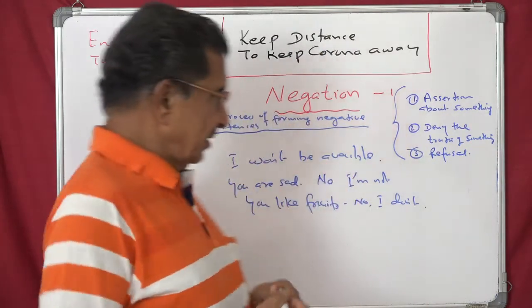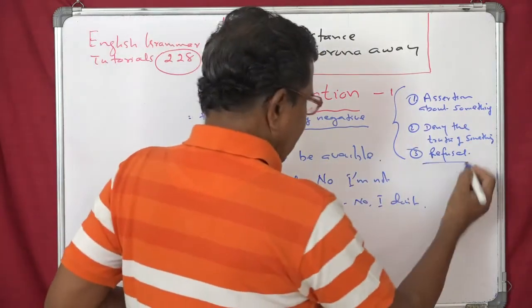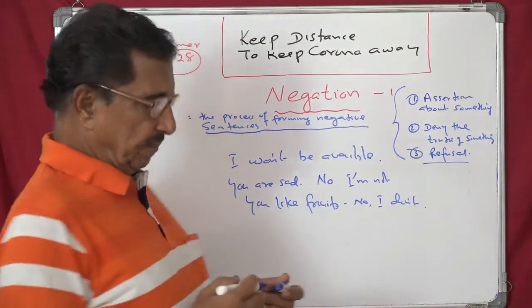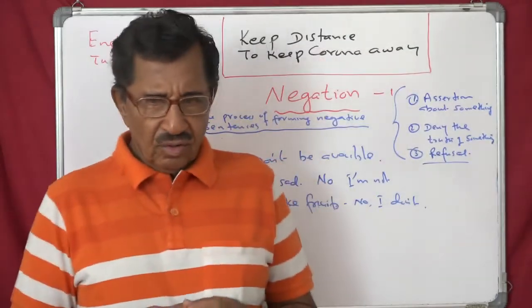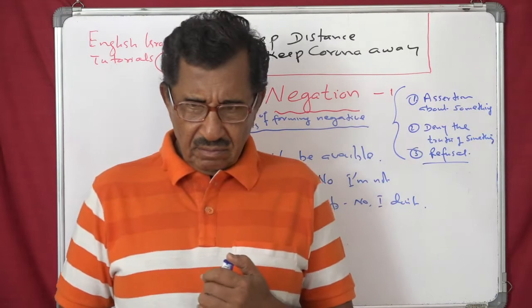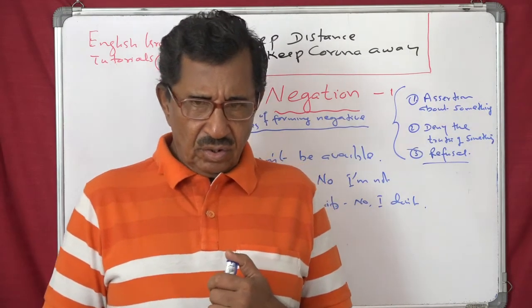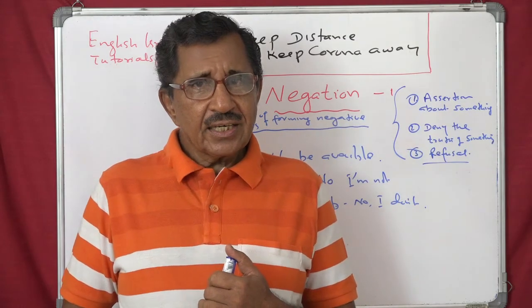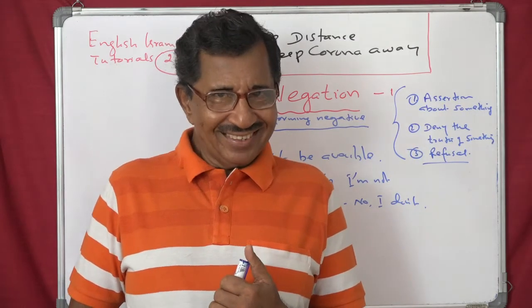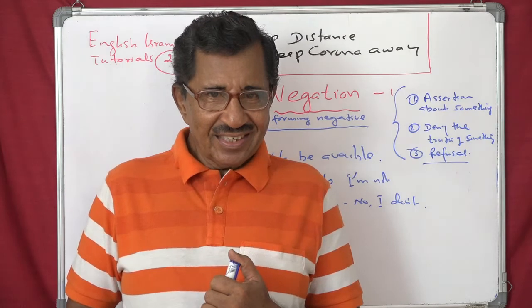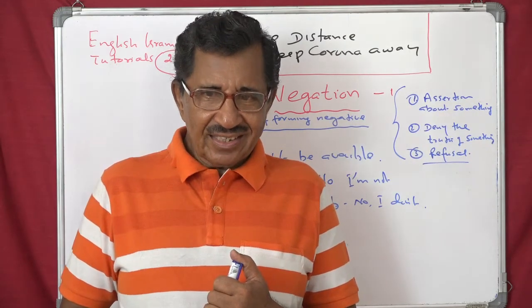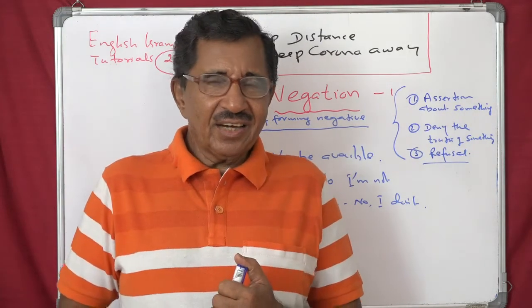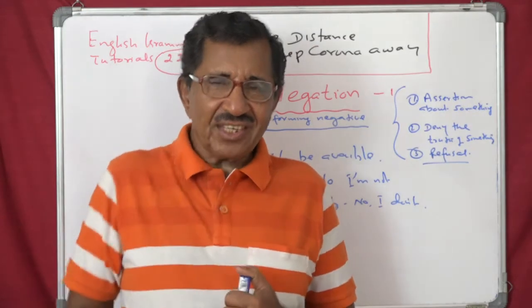And the third use of negative is refusal. Yes, sir. Would you like to have a cup of tender coconut water? Then what is it? No, I don't. That is refusal.